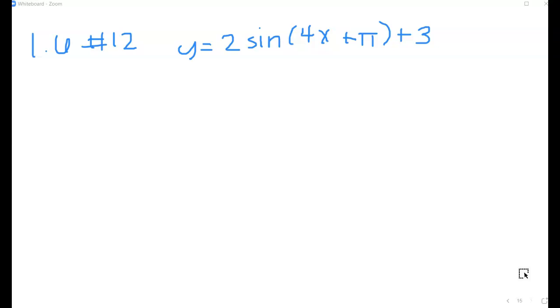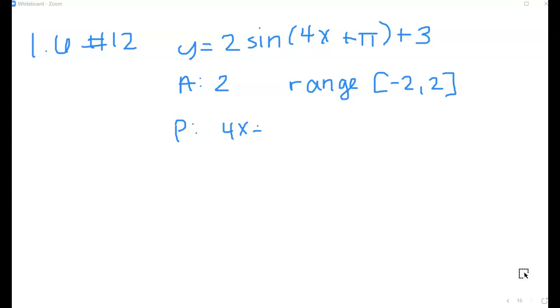So we have to look at a couple key pieces of information. The first is the amplitude. The amplitude is the value in front of the sine, so it's a 2. What that means is that changes the range from -1 to 1 to -2 to 2. The period comes from bx, so that's 4x equal to 2 pi, and then solving for x.